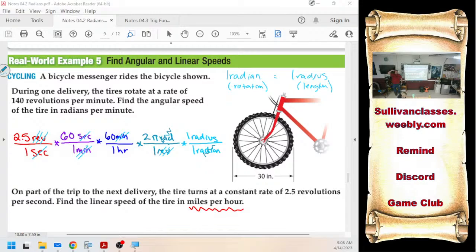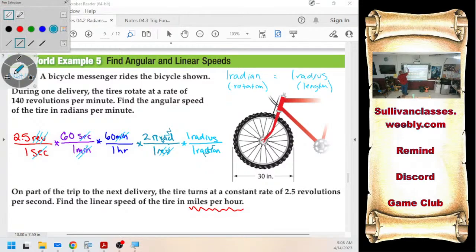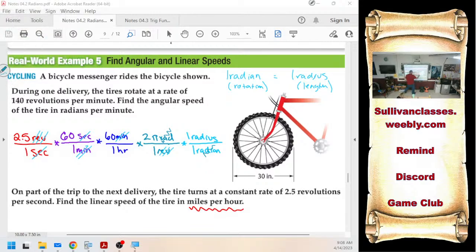Now I go to, how big is the radius of that tire? 15 inches. So now I can come back out the other side and say 1 radius is 15 inches.